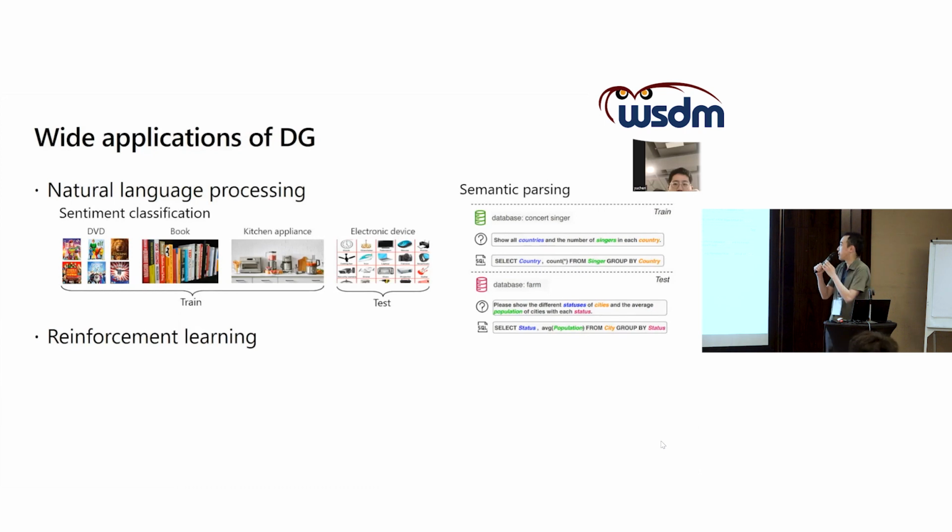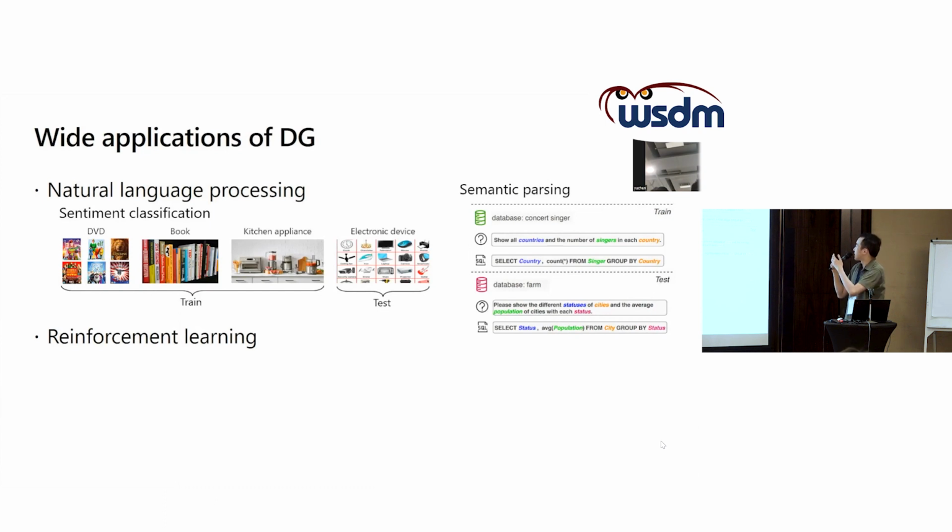You can imagine that, for example, we train on the DVD dataset, the book dataset, and the kitchen appliance dataset. Although they are all for sentiment classification, when applied to another kind of goods, the semantic information can be quite diverse.